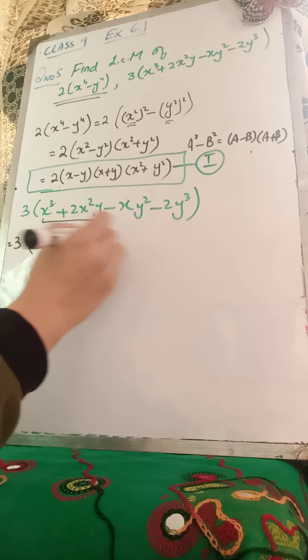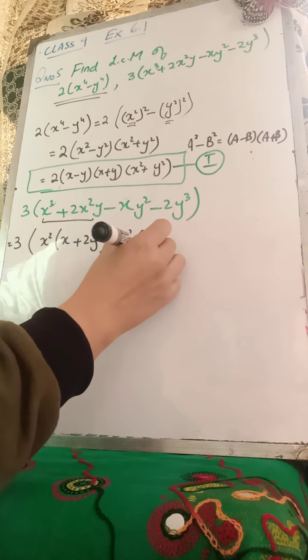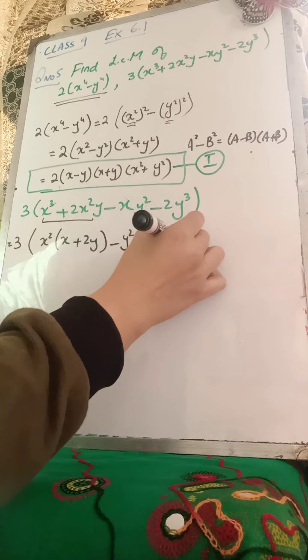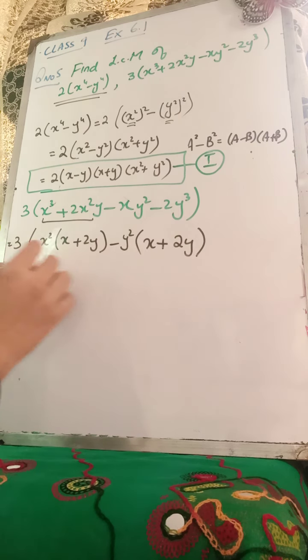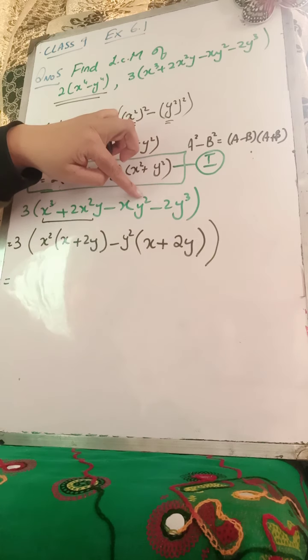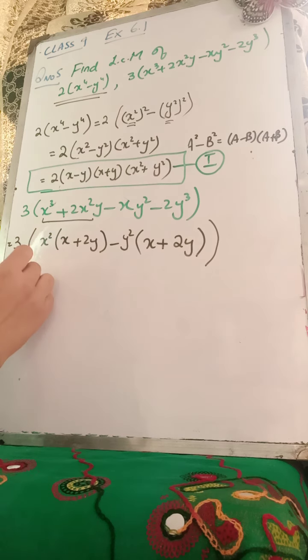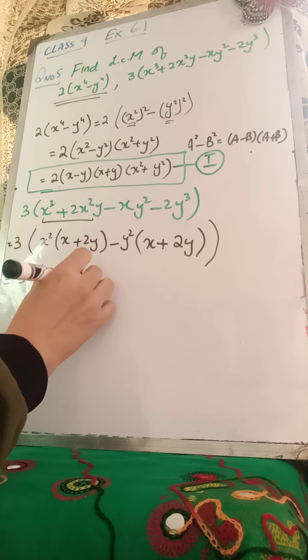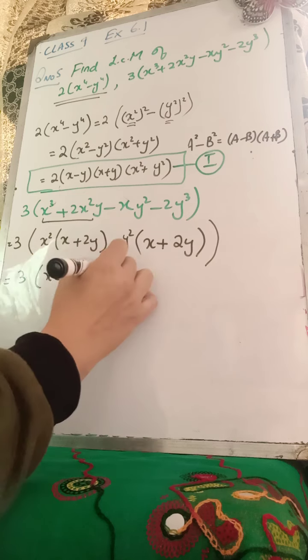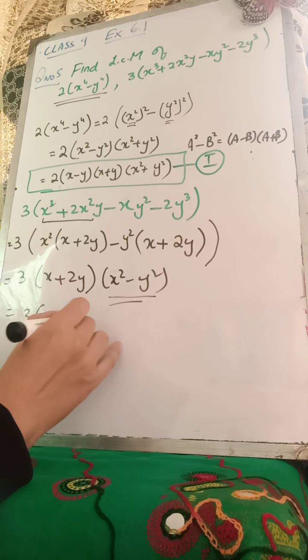Over here we can take the minus sign common as well as the y square, so we are going to get minus y square into x plus 2y. So after we have taken x square from the first two terms and y square and the minus sign from the last two terms, what we get here is x plus 2y. Taking x plus 2y common, we will have x square minus y square over here, and this can further be factorized by using the same a square minus b square formula.